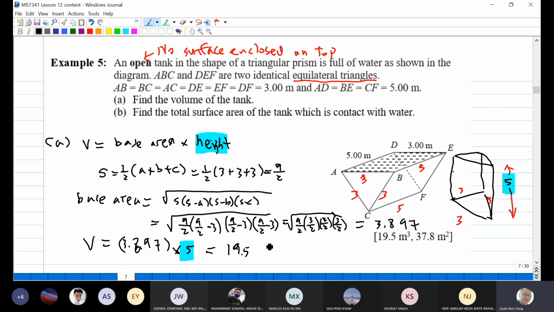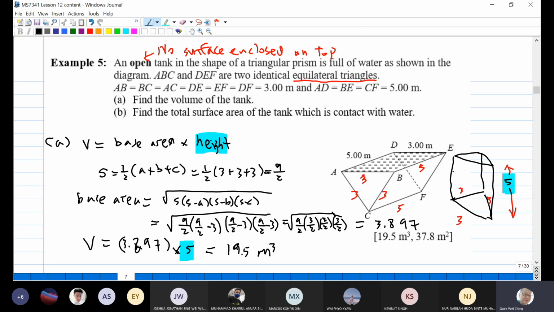The unit is all meter, so it's meter cube here. So check the calculation, because the answer is 19.5. You're supposed to get 19.5 or close to that.